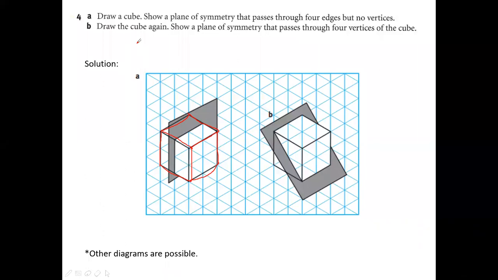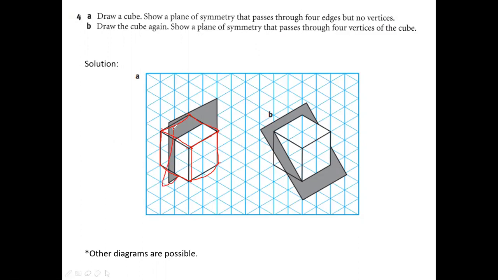Now I want to draw a plane of symmetry that passes through 4 edges but no vertices. These are the vertices. The plane of symmetry should not touch these vertices. Okay. So in that case, in 2 ways I can draw this. Suppose in the given answer, it is like this.